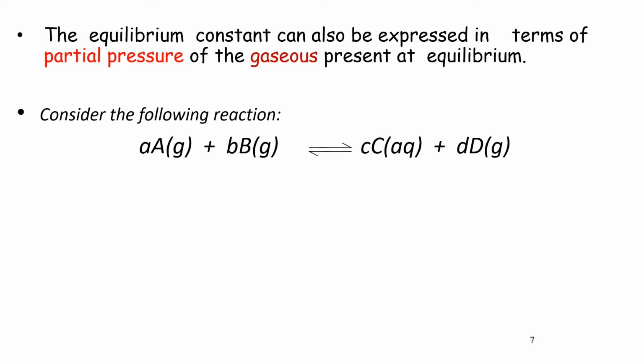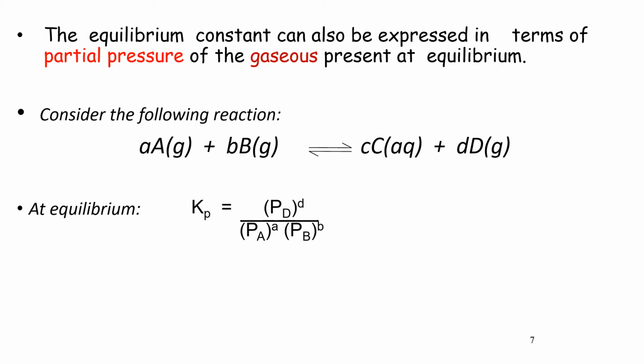For this system, the equilibrium constant is written as Kp equal to pressure of D power of coefficient d, over pressure of A power of coefficient a, multiplied by pressure of B power of coefficient b.